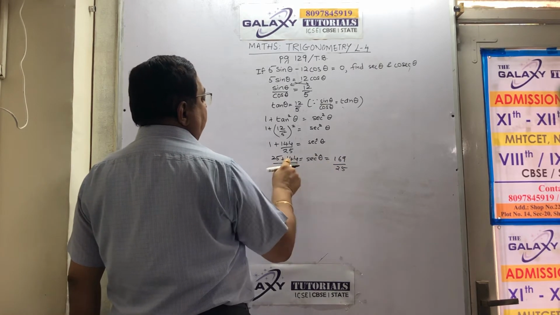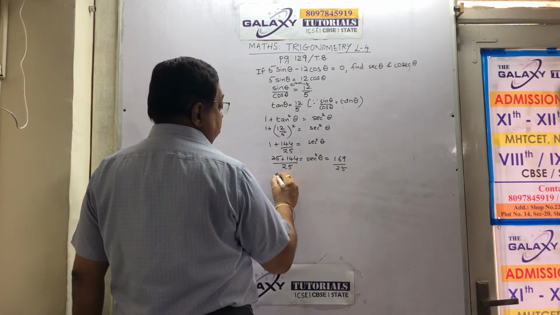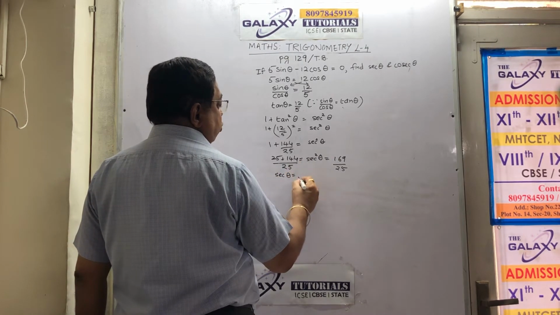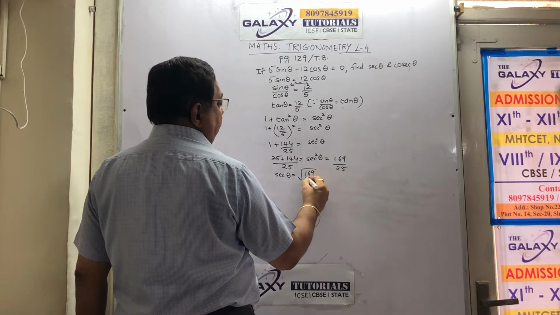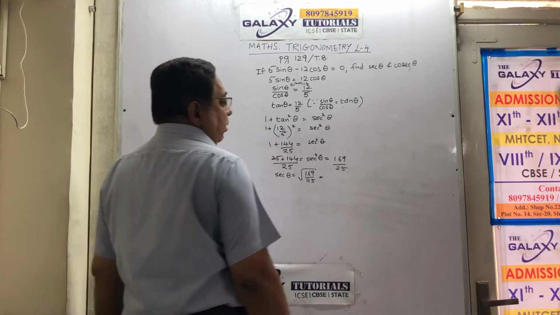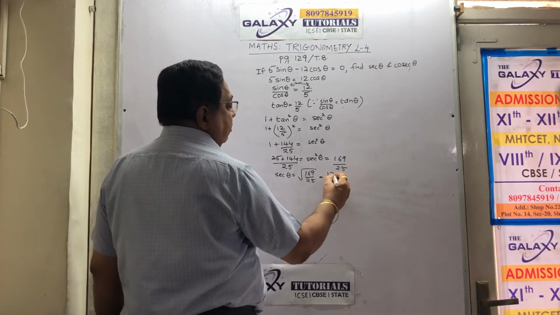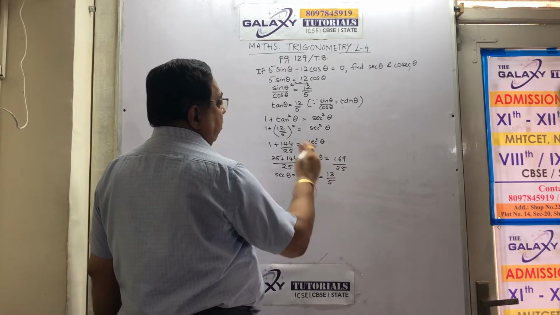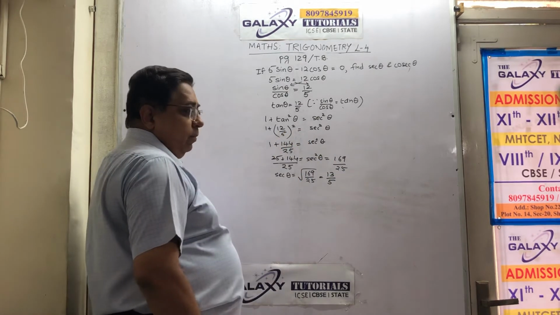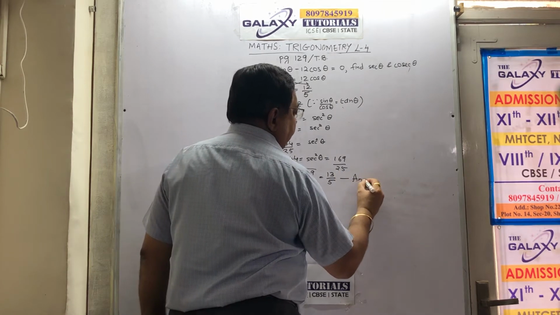Sec theta, I will take out the square root. Sec theta is the square root of 169 upon 25. Again, I told you, please learn the square table and square root table. 13 13s are 169, and 5 is 25. So I get this. This is my first answer. So answer 1.